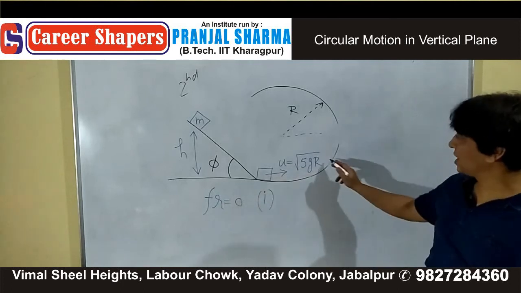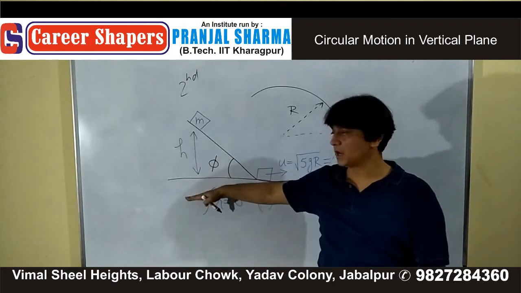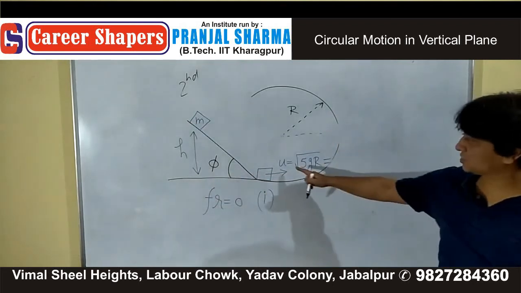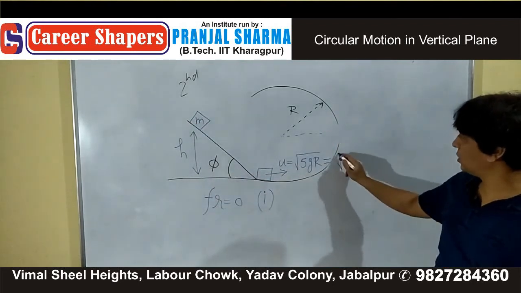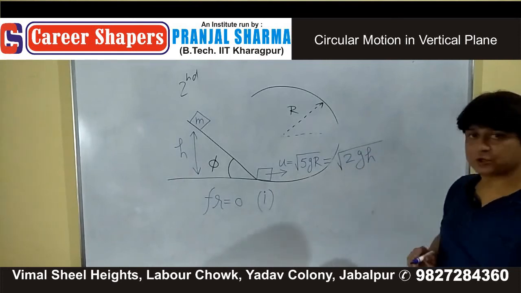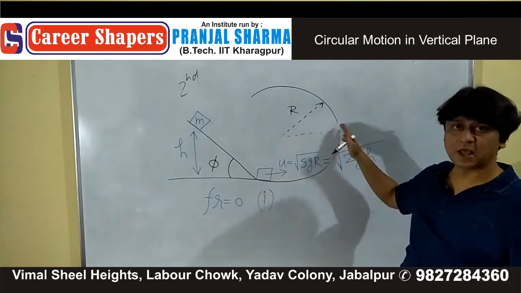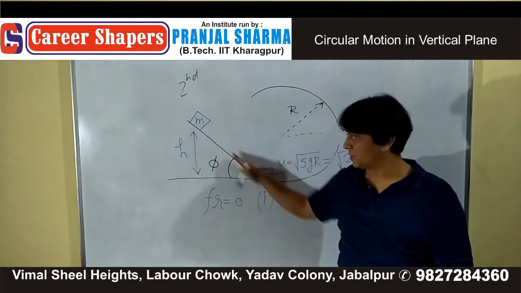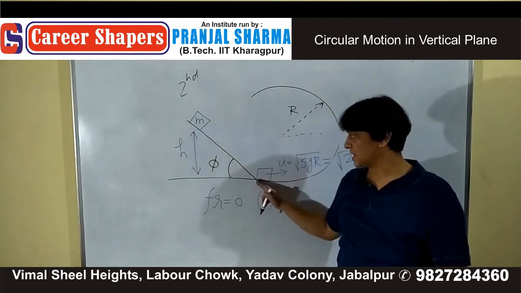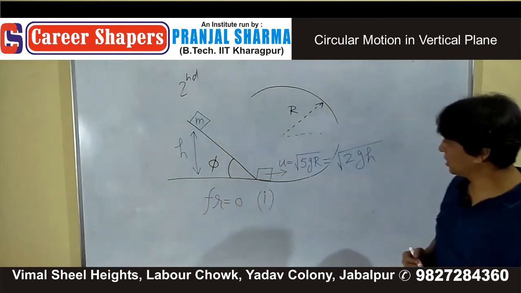But whatever happens, after it slides down a vertical height h, this velocity is always root over 2gh. What happens from this point onwards has nothing to do with this part. As it slides down to this point, velocity will become what?